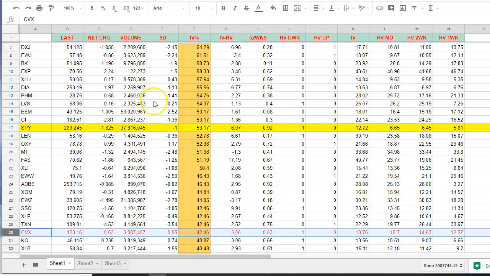So basically, on this CVX and on most trades, strangles, I do a probability of profit of somewhere between 75 to 80%. In this case, it was very close to 80%.